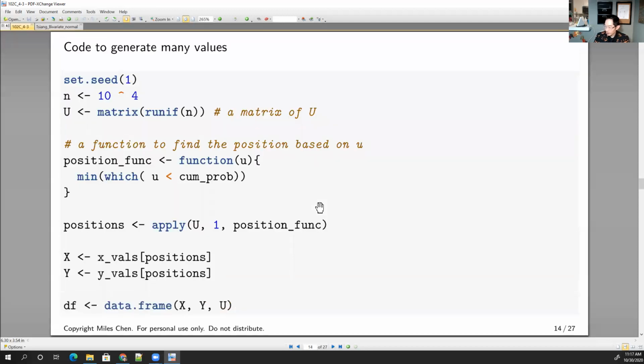Okay, so if I wanted to generate a whole bunch of these values, it's generally recommended to avoid loops and if statements and things like that. But if you use a loop and an if statement, don't feel bad. It's totally fine, it just might take a while to run.